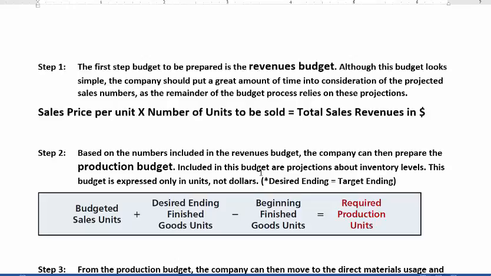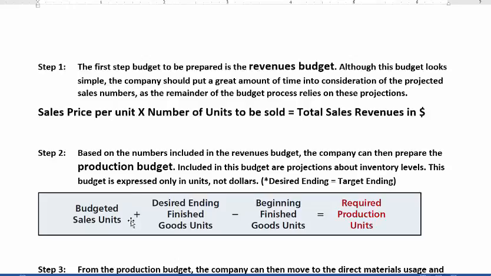And included in this budget are also projections about ending inventory levels. All right, this particular budget is expressed in units, not dollars. Okay, so we're talking about the number of units that need to be produced or manufactured.